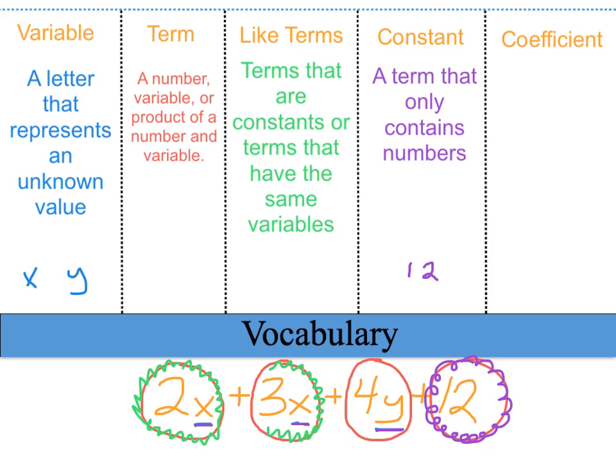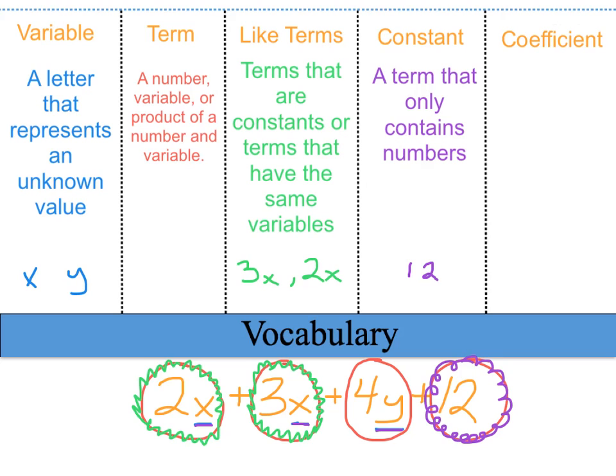And these are like terms because they have the same exact variable. So 3x and 2x are like terms because they have the same exact variable. It's not the same as 4y because 4y has a y, and y and x are two different letters.